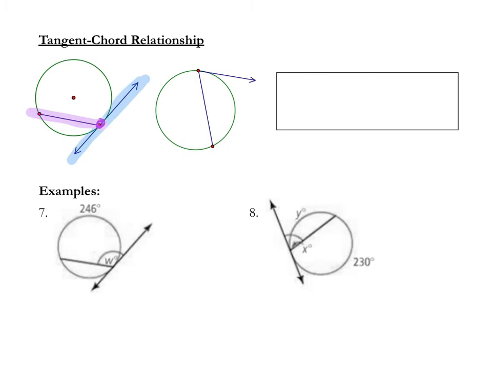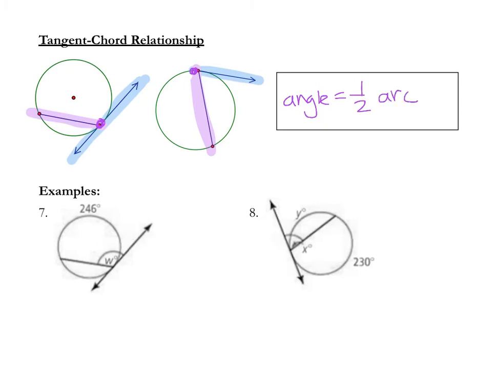This is just a slightly different looking setup, but that's still a tangent with a chord. And again, the point is on the circle, so it actually does have the same formula. To find the angle is still half of the arc.